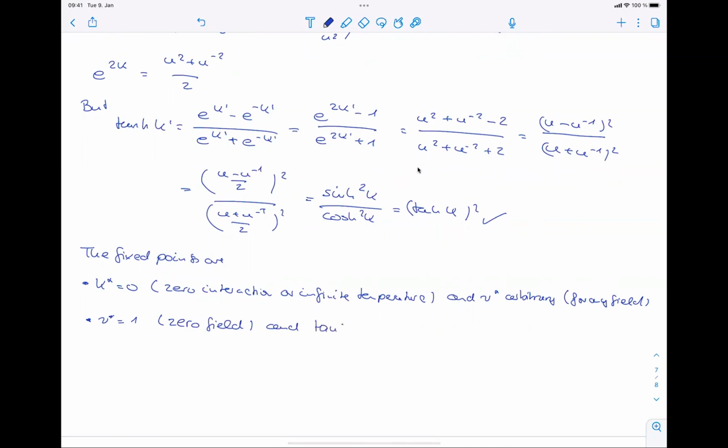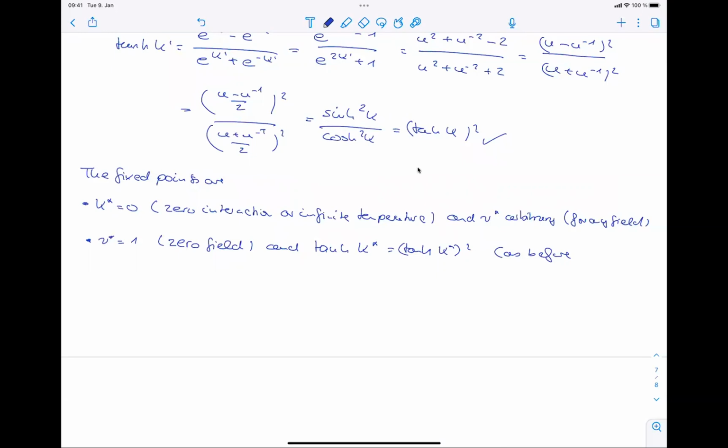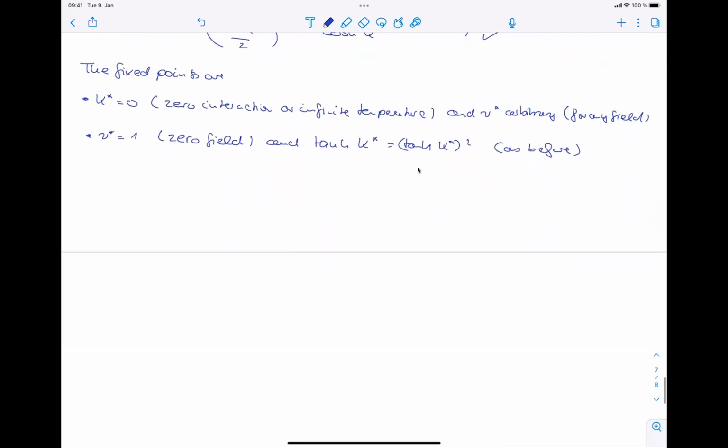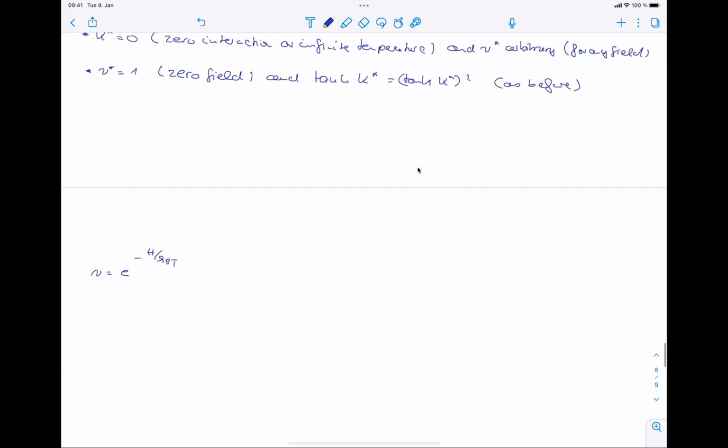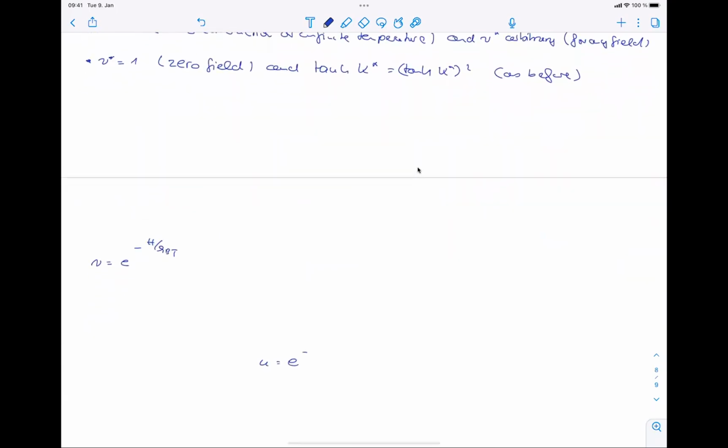We recover the dynamics that we've known before with tanh k equal to tanh k prime squared as before. Let me draw this down here. So now mapping out the dynamics in a space of V, which is minus h over k_B T, versus U, which is minus J over k_B T.